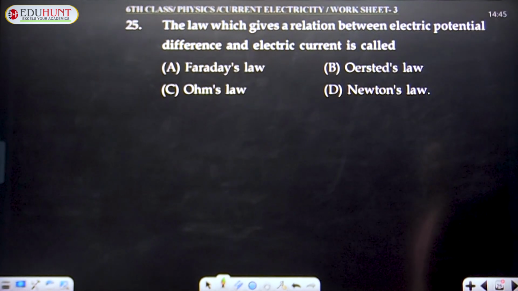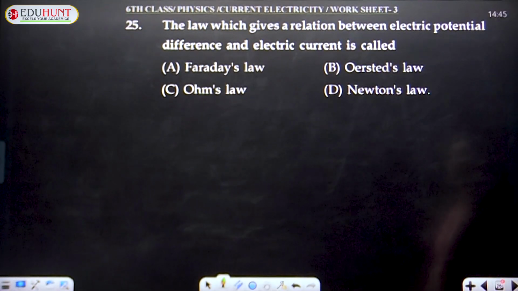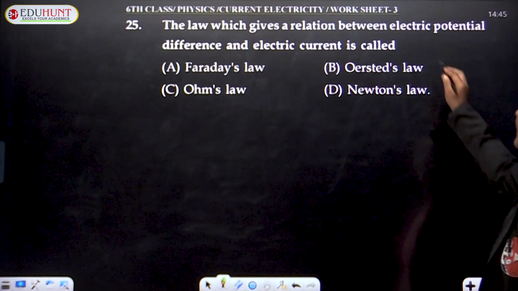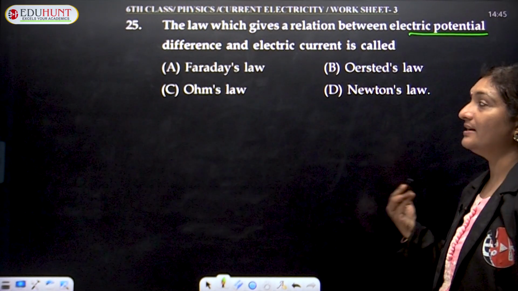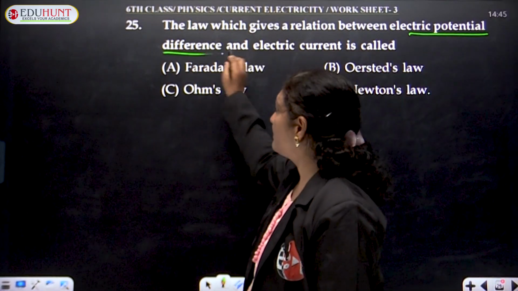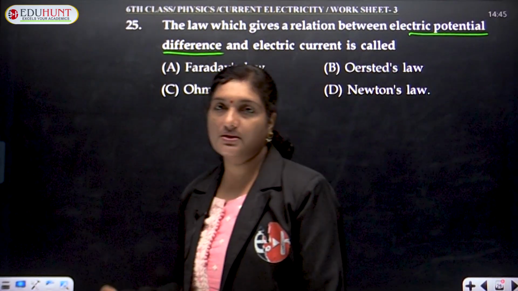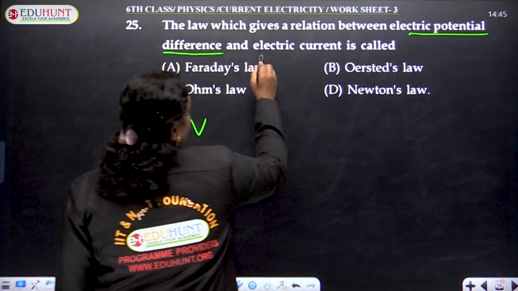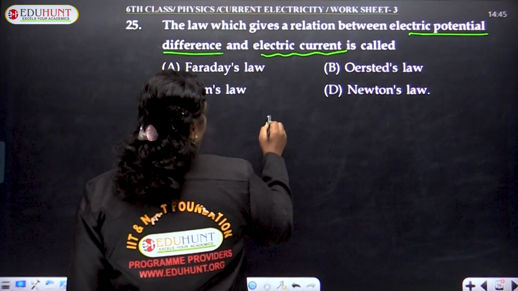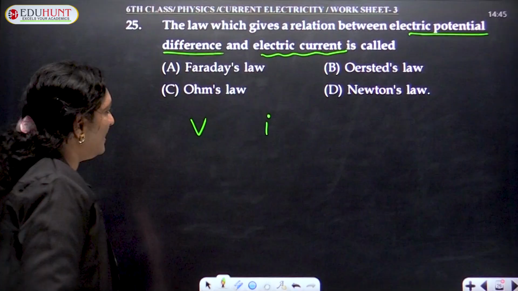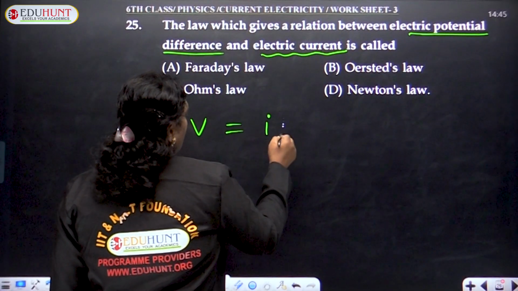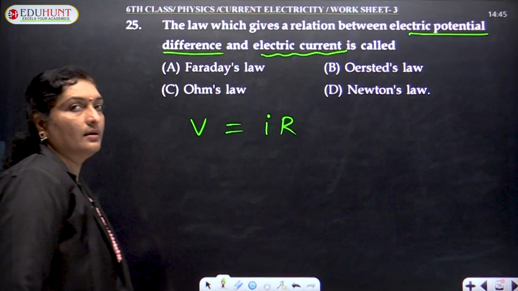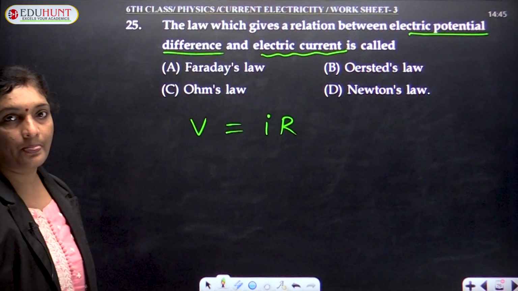Now, the next one, the 25th. The law which gives a relation between the electric potential difference, or simply potential difference, indicated with the letter V, and the electric current indicated with I. So, what is the relation between V and I, children? V is equal to IR. Who gave this?